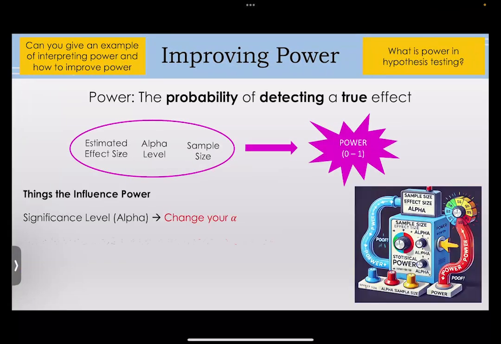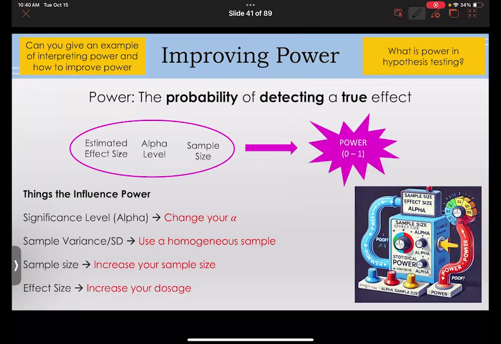If you need a reminder of what that looks like, if we're doing a dependent t-test, the Cohen's d is the effect. If we can make the change bigger by increasing dosage, that will help. And if we can decrease the spread, that will help. That's that third component, where spread comes in.